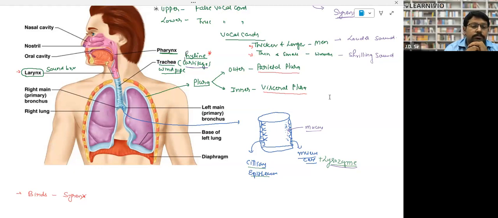Full stop. Pleural fluid and pleura protect lungs from injury and friction.